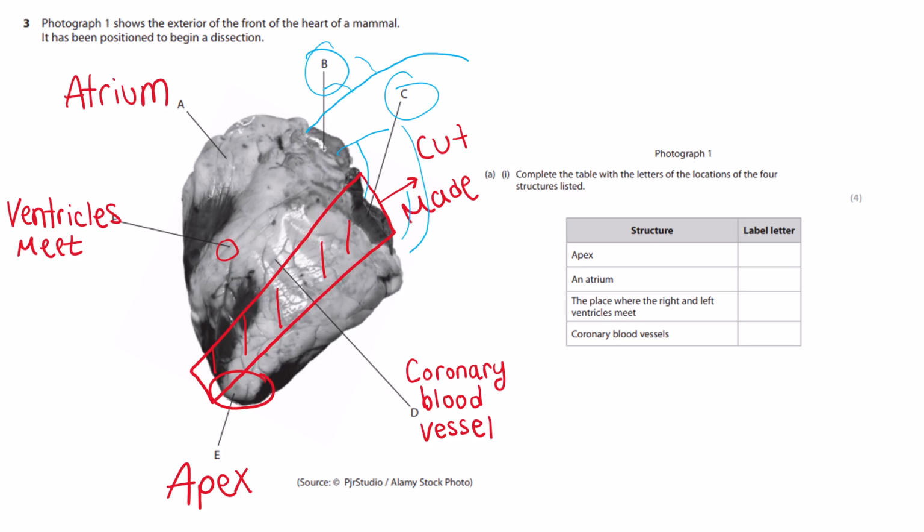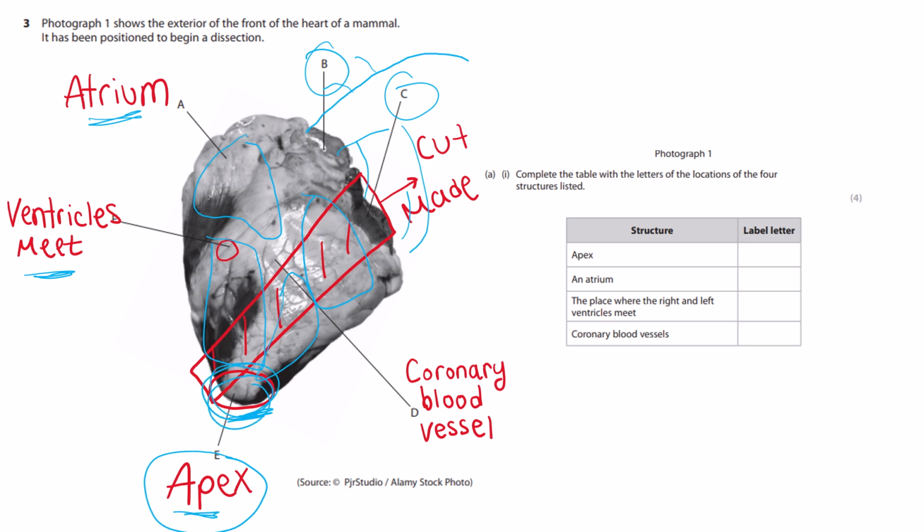Okay, so the atrium is usually located in the top. We have our atriums over here, and then of course we have our ventricles over here. So A is going to be the atrium, and over here is where the ventricles meet. This is the apex of the heart, which is over here. It's usually the low bit, so it's called the apex.